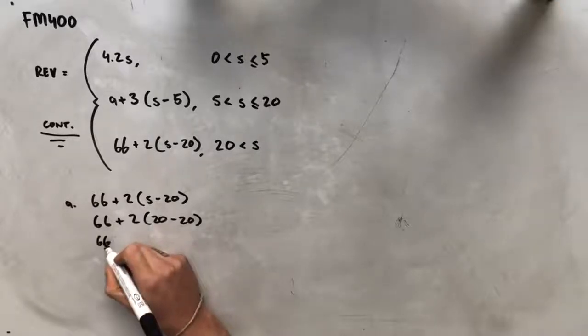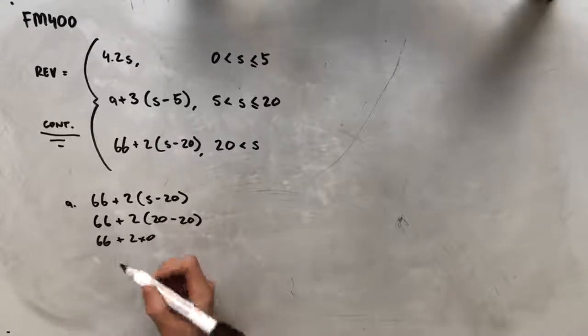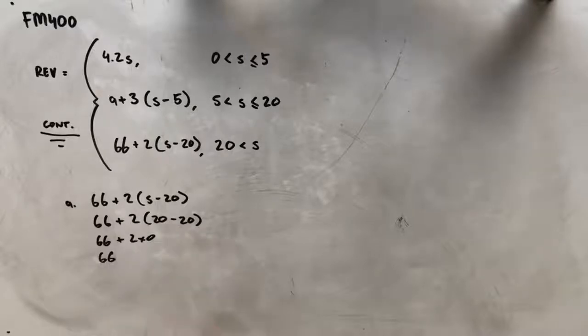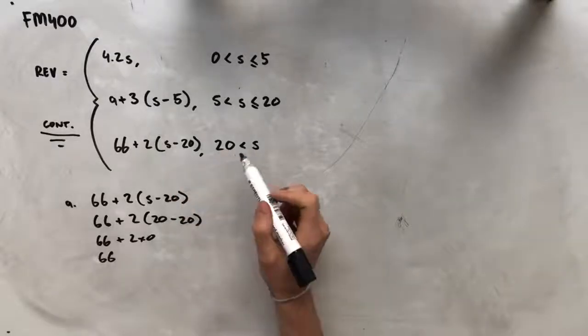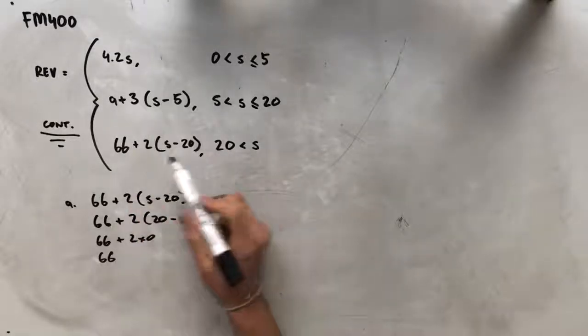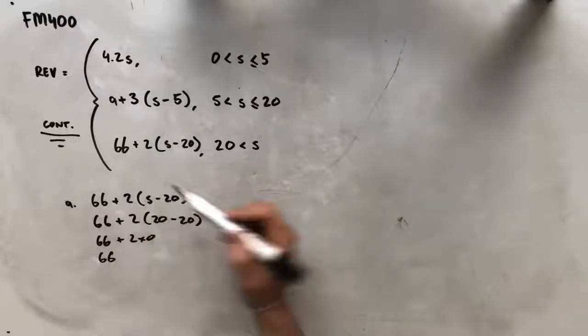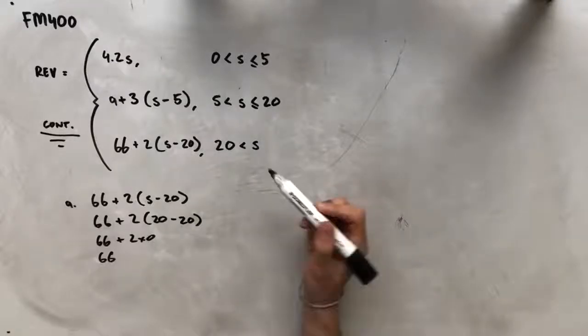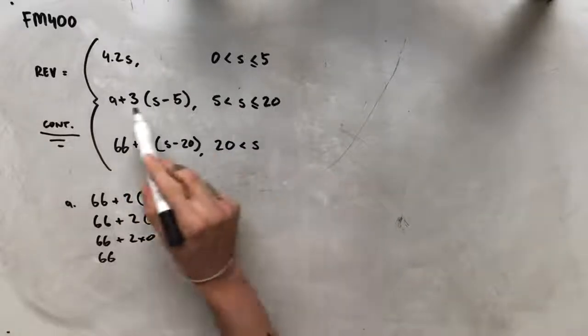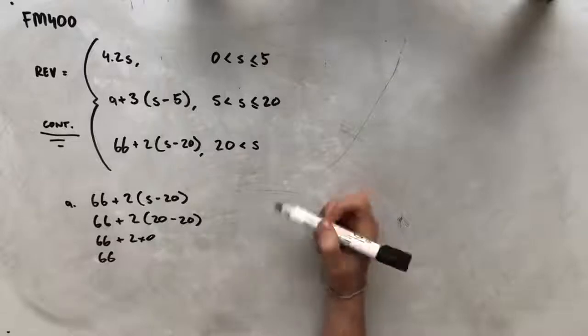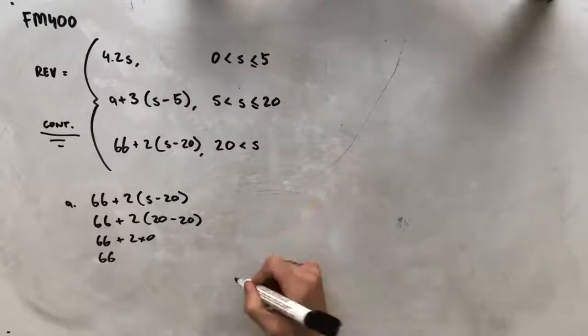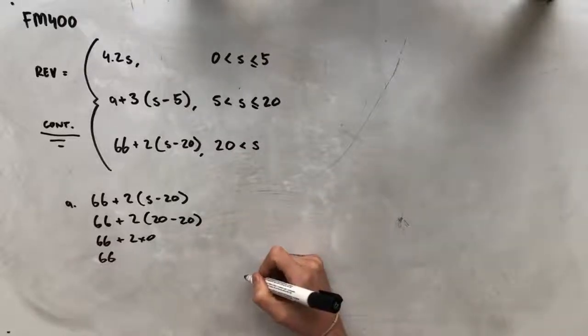So that's 66 plus 2 times 0, which is of course 0, which just means 66 should be the value that we find right at the beginning of this line, or this equation. That would be the starting point there, which means that our finishing point for the previous line should finish at a value of 66, which will come in handy in a moment, and you'll see why.